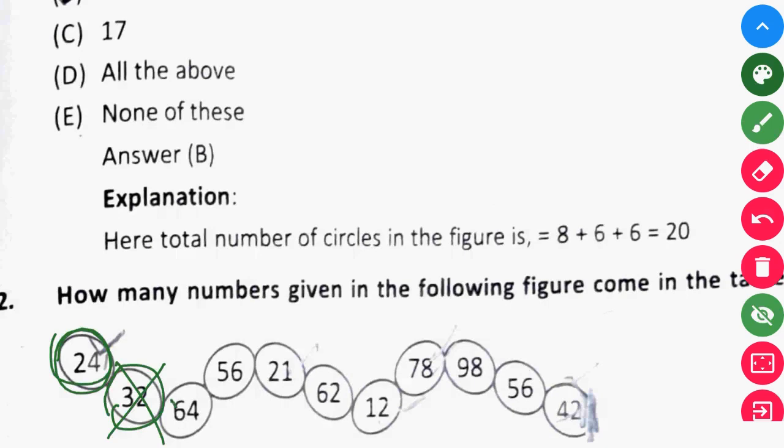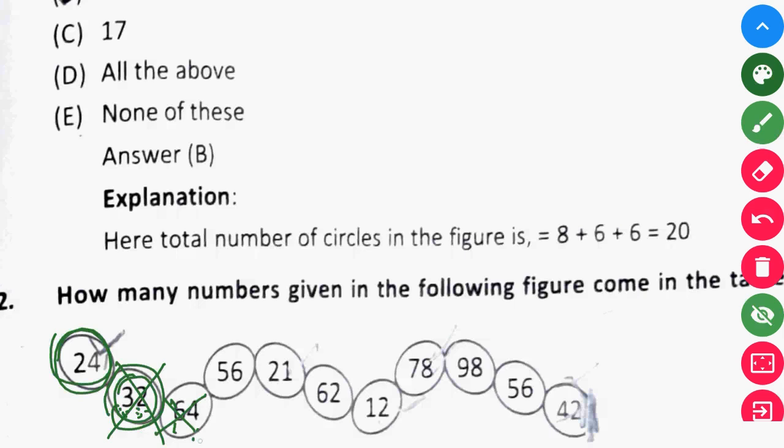64 also will not come in the table of 3 because if we add the digits of a number and that sum is divisible by 3, then it will come in the table of 3. If we add 64's digits 6 and 4, we get 10. 10 will not come in the table of 3.